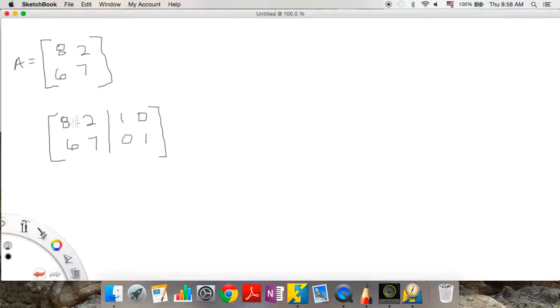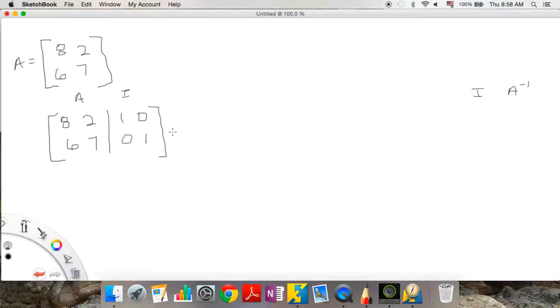And then we're going to use Gaussian elimination type row operations so that we end up with our identity on this side. And when we've switched these two, what's left over here will be the inverse. So we start out with A and the identity, and we're going to end up with the identity and the inverse.